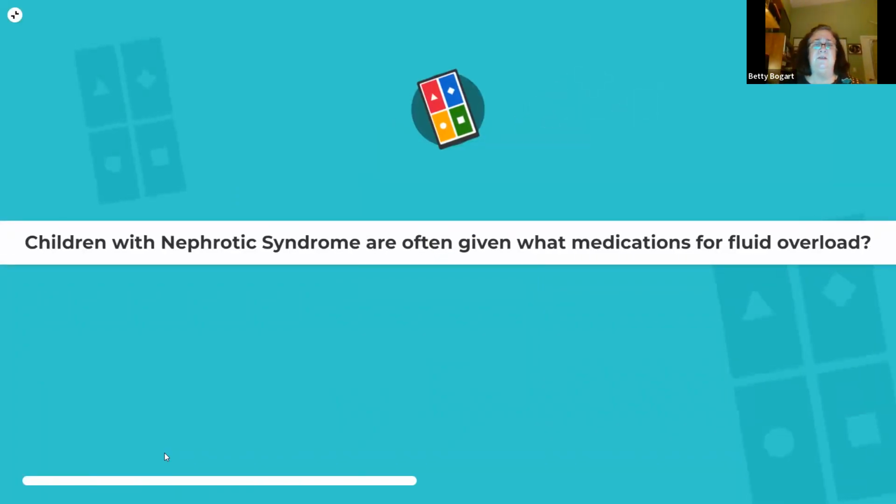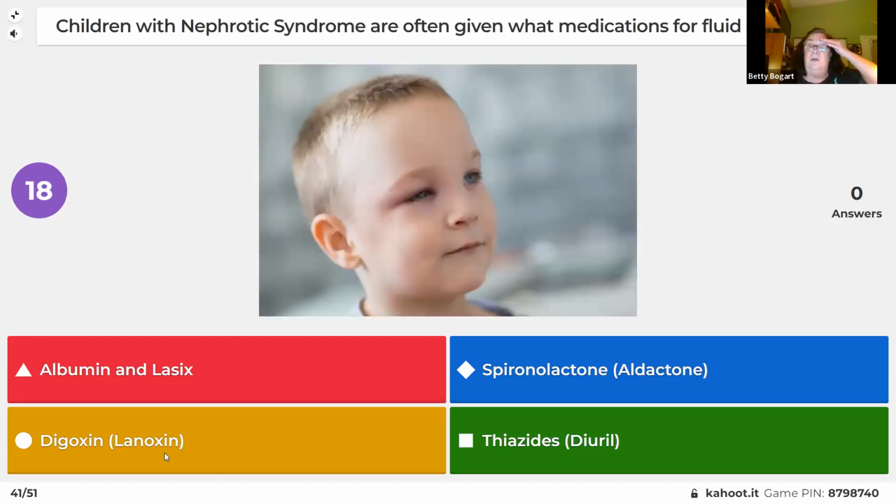Children with nephrotic syndrome are often given what medications for fluid overload? Remember, in nephrotic syndrome, the vasculature, the blood doesn't have enough protein in it. So you see a lot of fluid going interstitially.